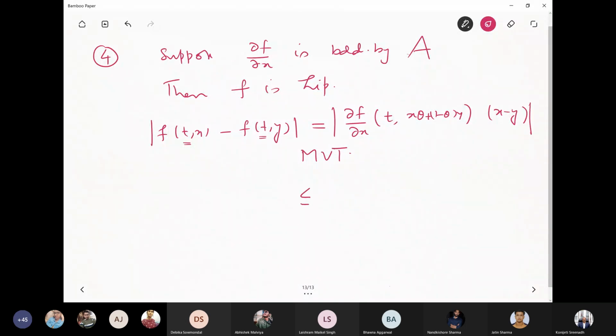So therefore this is less than or equal to mod ∂f/∂x times mod x minus y, which is less than or equal to A times mod x minus y. So if the partial derivative with respect to x is bounded, then that bound becomes a Lipschitz constant.